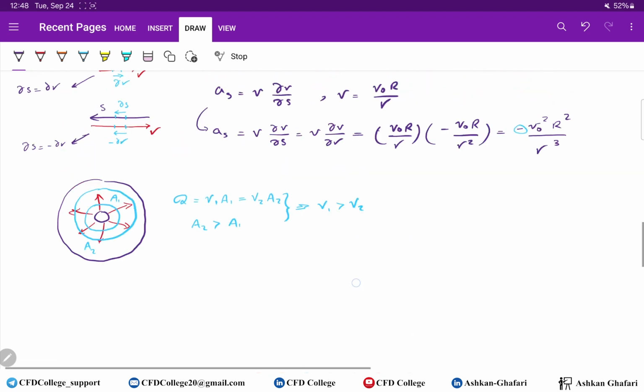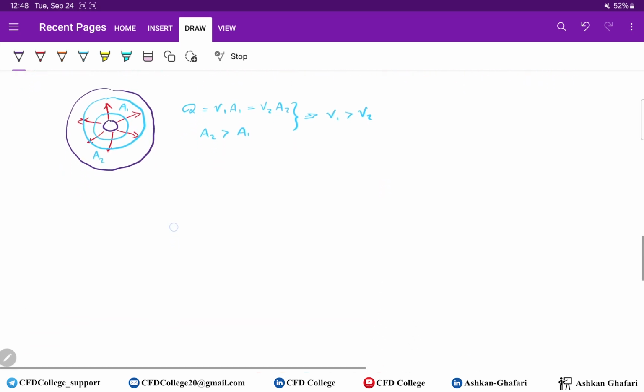We have to find the acceleration at 3 different radii.